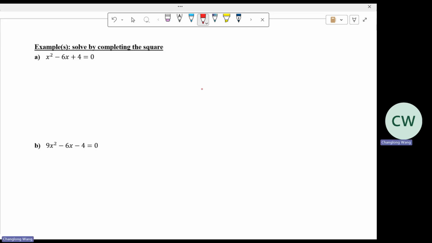And it turns out that the thing you're going to add to those two guys is always the square of half of the linear coefficient. So whatever that number is in front of x, take that negative sign as part of the 2. You just divide that negative 2 by 2. Okay? So half of the linear coefficient.